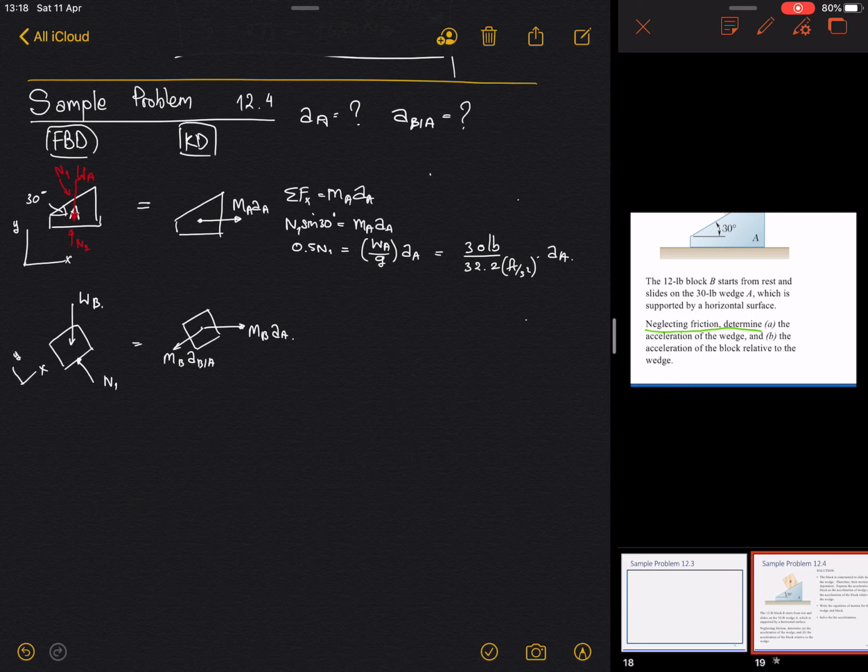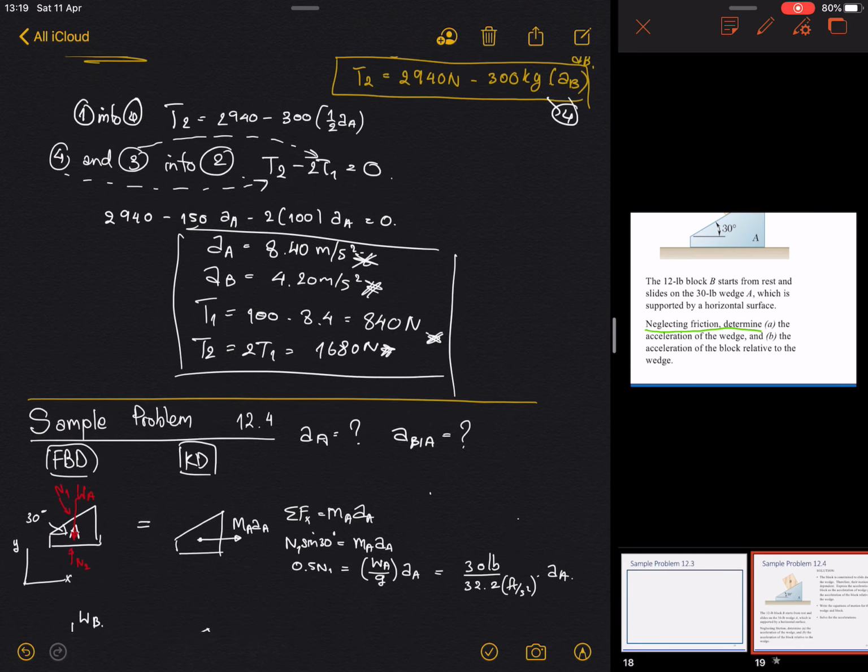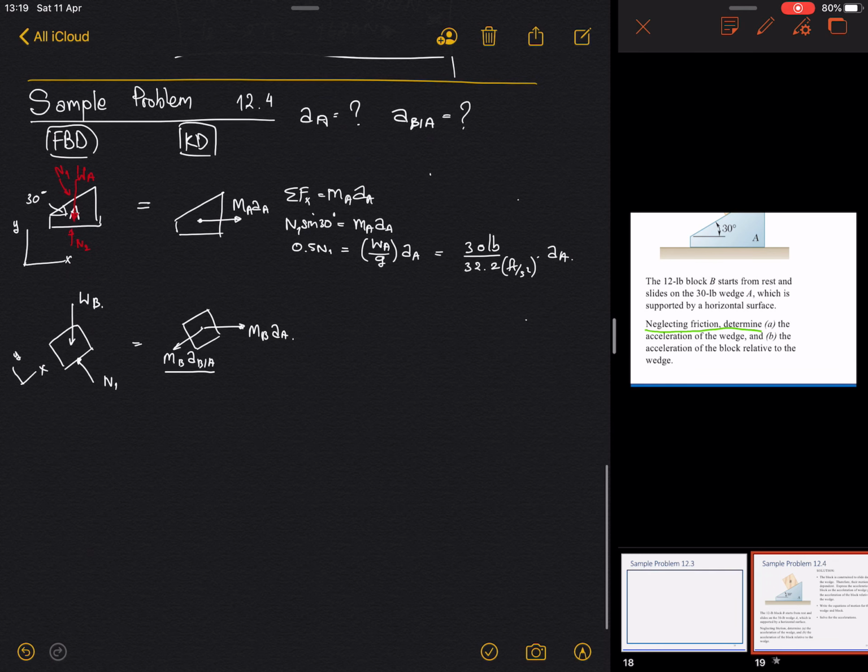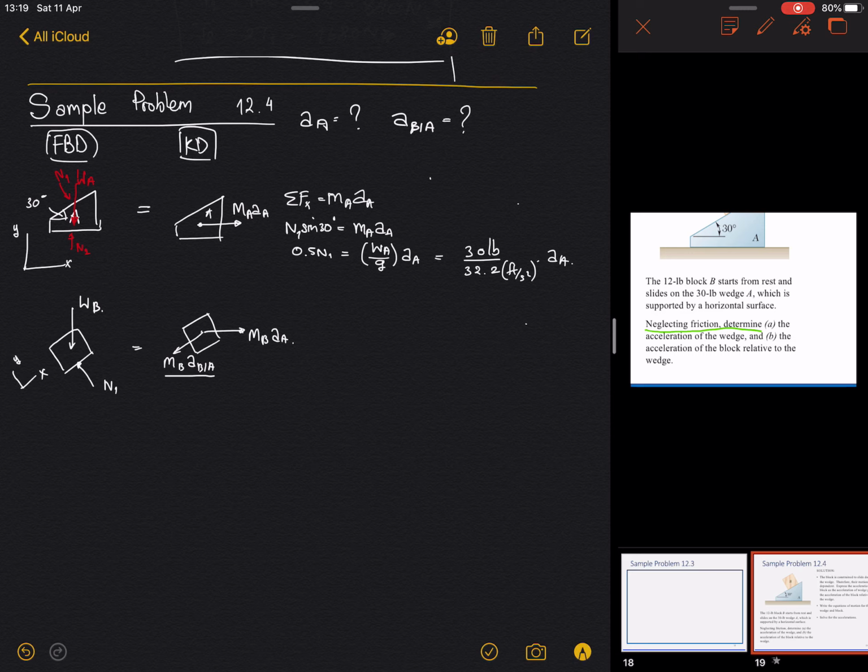It's because your object here has its own sliding acceleration, this is your own sliding, and then you also have the sliding from the object below, because the wedge A here is also moving. So that's why you have two accelerations in here.